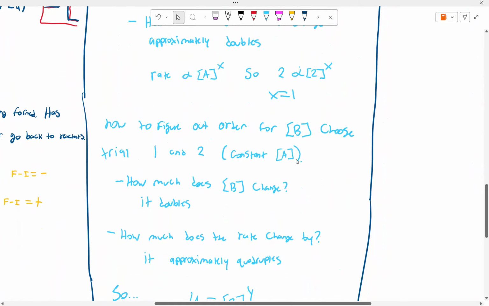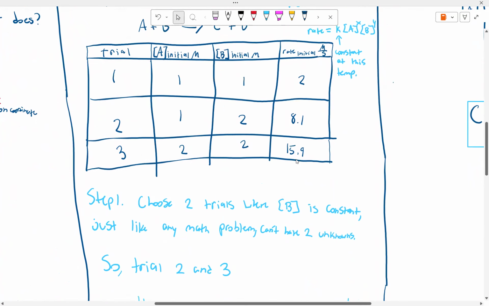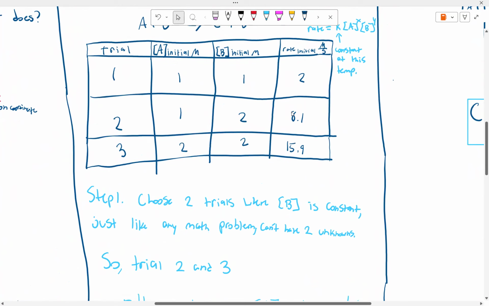Now to figure out the order for B, we have to choose trials 1 and 2, which have a constant A. So in trials 1 and 2, notice how A, the initial concentration, is 1 and 1, whereas for B it goes from 1 to 2. So that concentration doubles, whereas the rate is going from 2 to 8, so that quadruples.